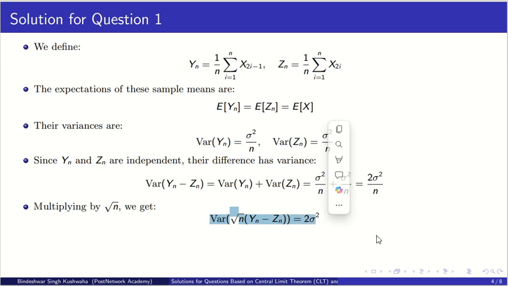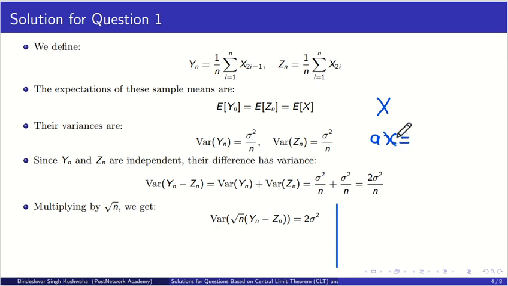Let us calculate it. We will use this formula: suppose we have variable x, and we want the variance of ax. We know that the variance of ax would be a square times the variance of x.